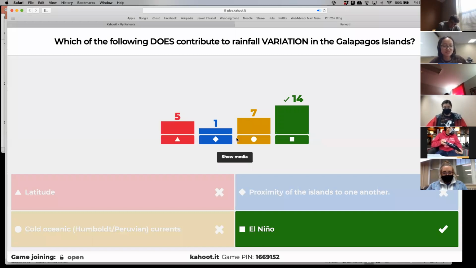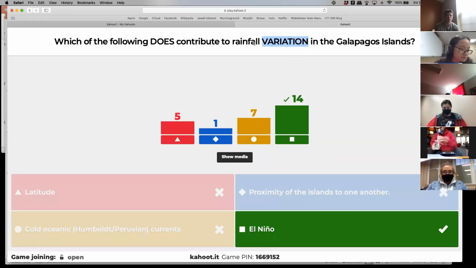El Nino. Once again, latitude is the same for all of the islands, so they shouldn't really vary all that much. So proximity to the island shouldn't have an effect. The Humboldt current doesn't lead to variation. So this is another tricky part.